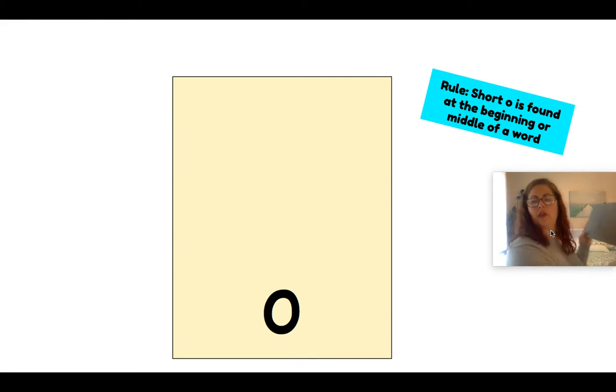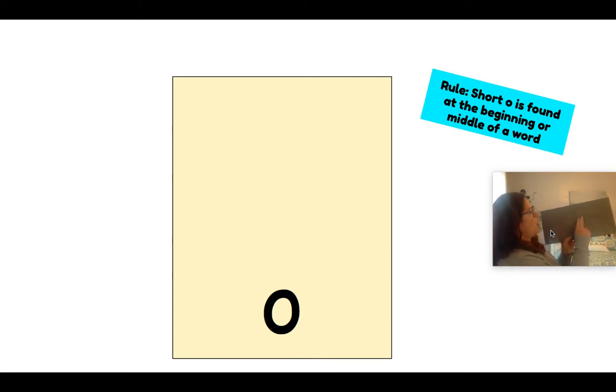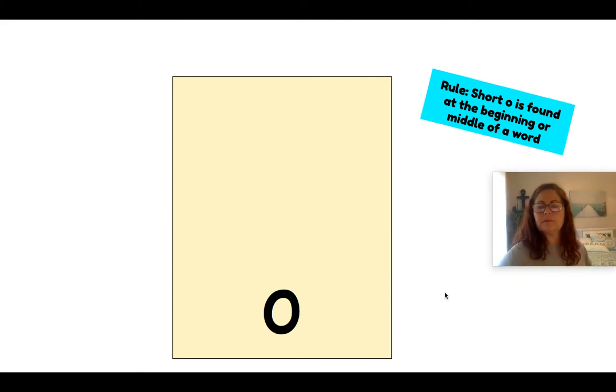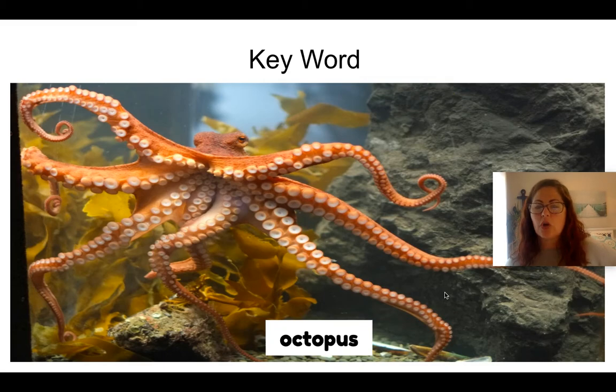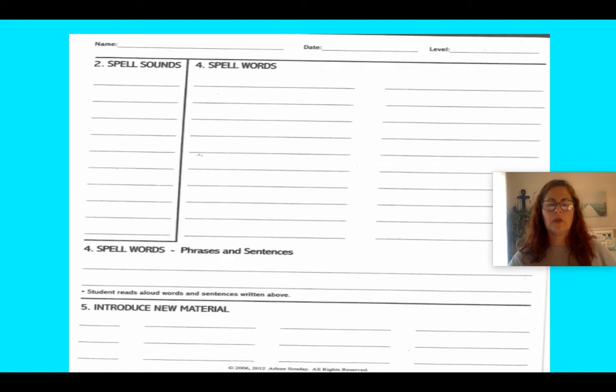I want you to take your fingers and do your tracing. O says ah. O says ah. O says ah. 3 times. Here is your key word, octopus. Okay.